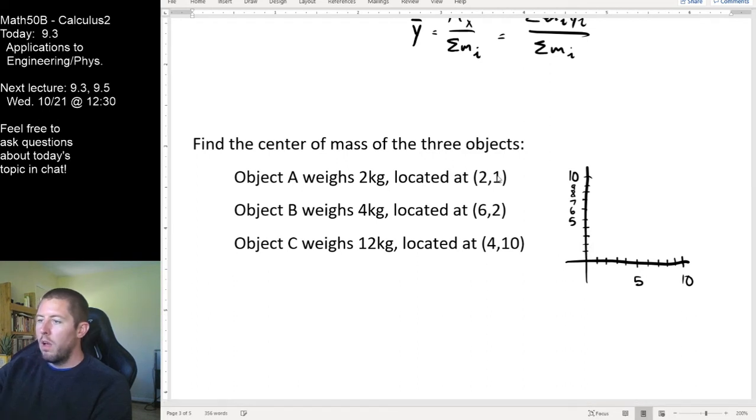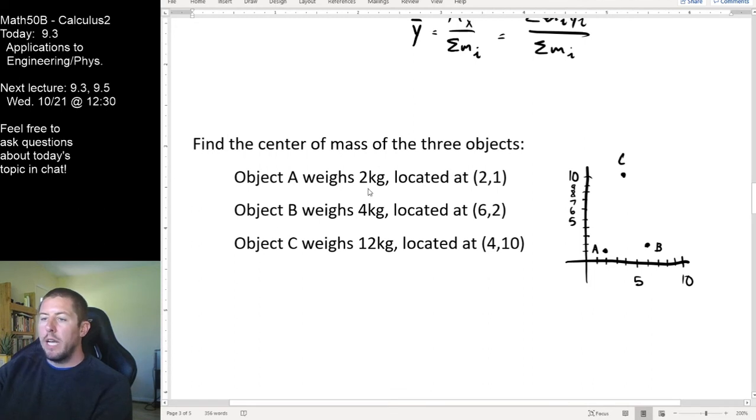All right, so first object located at 2, 1. There's A. Second object located at 6, 2. There's B. Third object located at 4, 10. There's C.